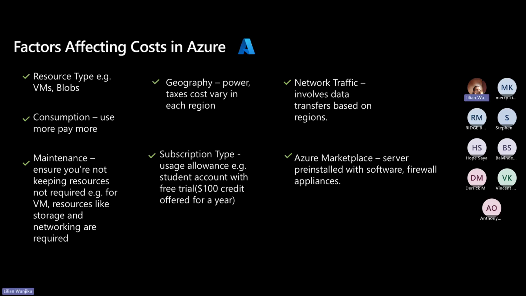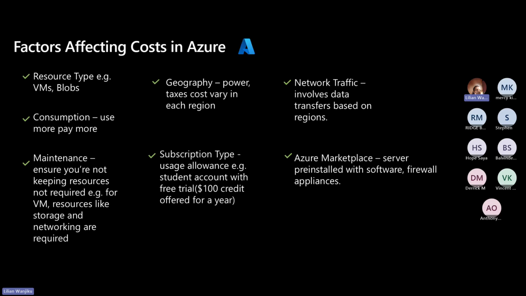I want to share the links that we can use to estimate costs and total costs of ownership. The difference between cost estimation and total cost of ownership in Azure is that cost estimation uses an online pricing calculator.